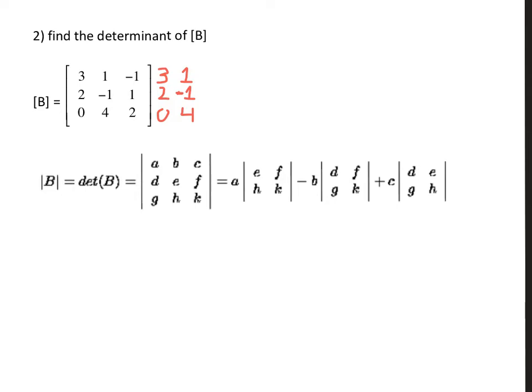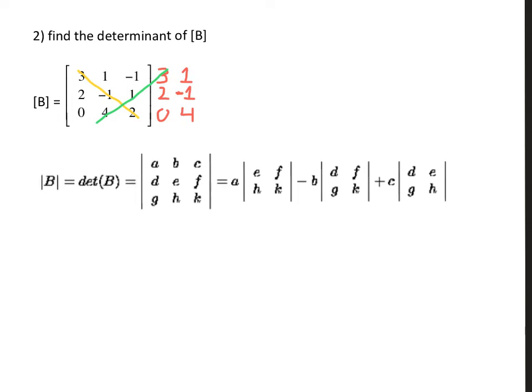So first, I would multiply 3 times -1 times 2. And then later, when I come back, I'm going to multiply 3 times 1 times 4. Well, that's exactly what they've told me to do here. Pull out the 3.